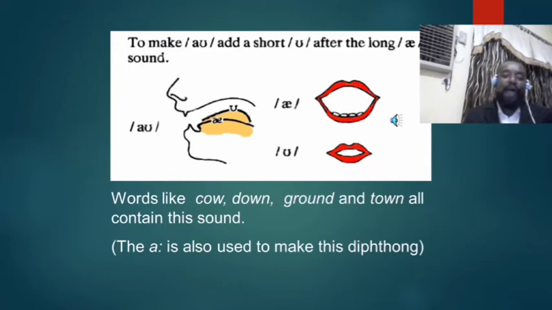Like a cat, we say meow, or in Arabic words, which contain this sound. Words like cow, down, ground, town all contain this sound, ow.